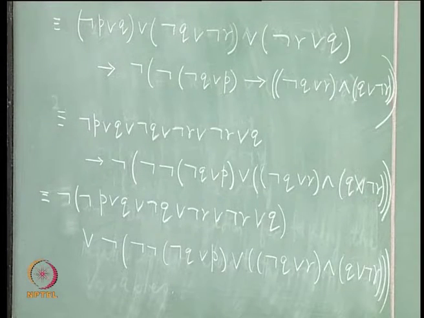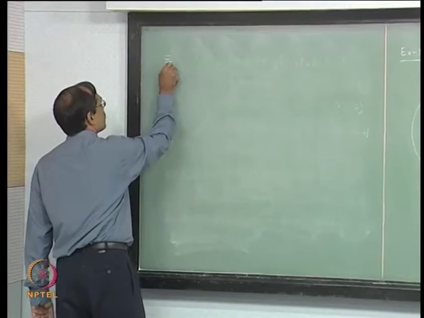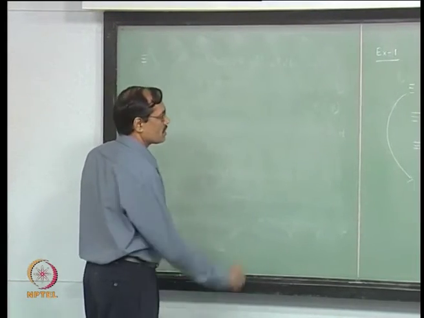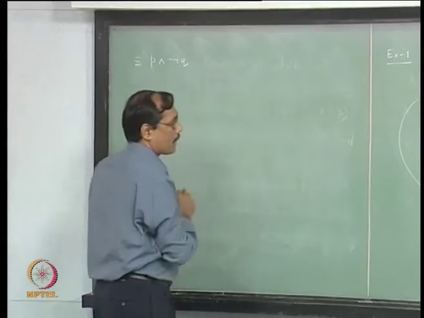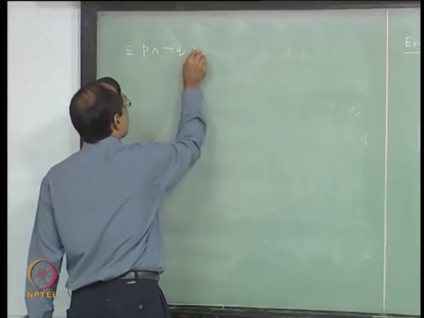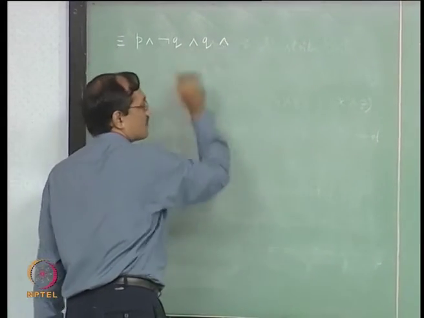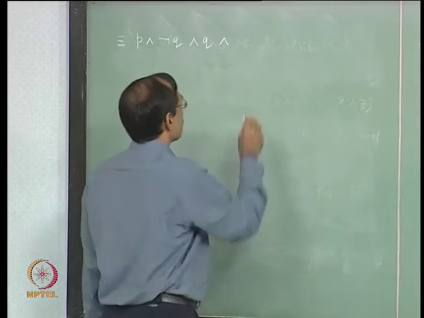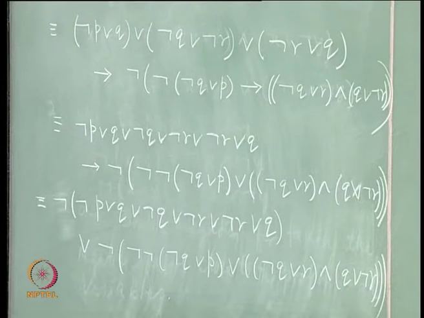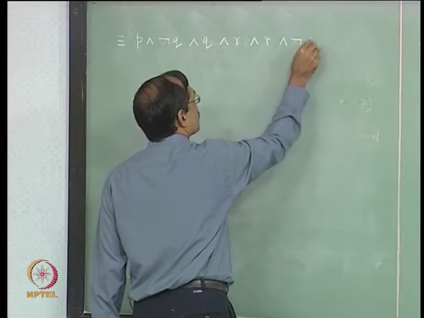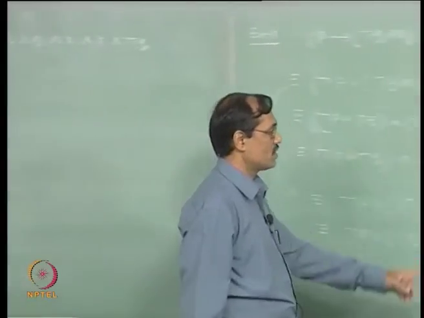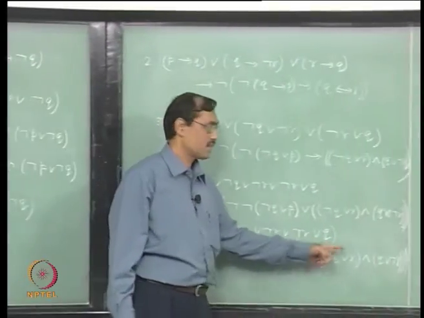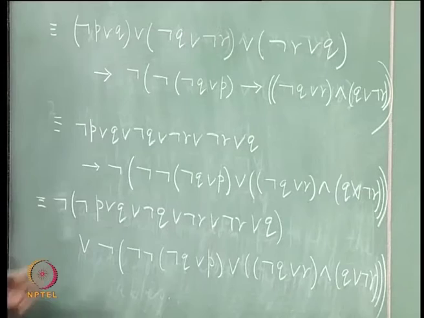So you can write as equivalent of, when that not goes inside, you say P and not Q and Q and R and R and not Q, okay, when this not goes inside. Then OR is as it is.